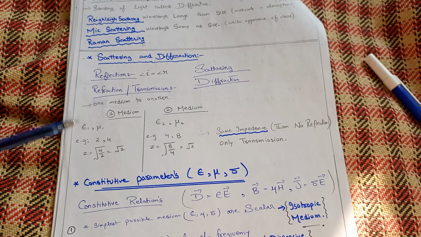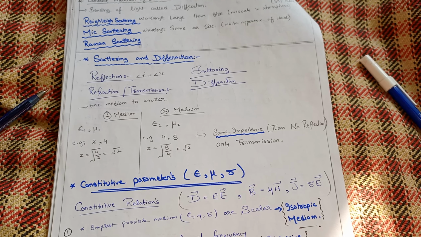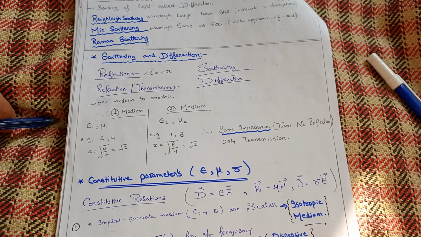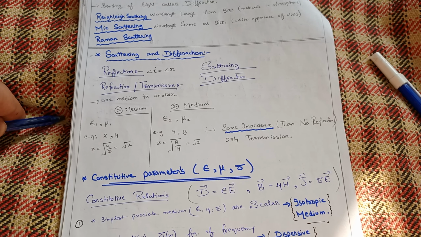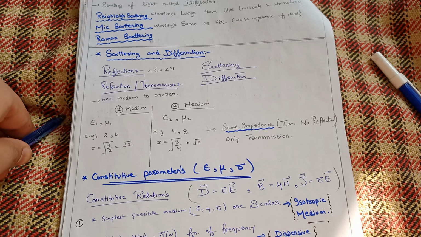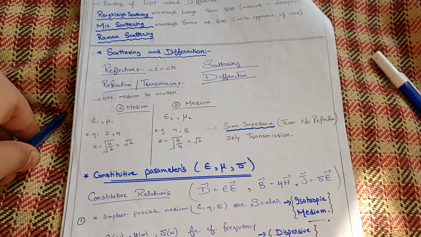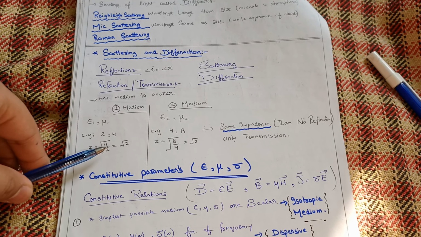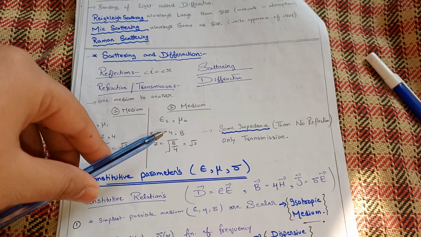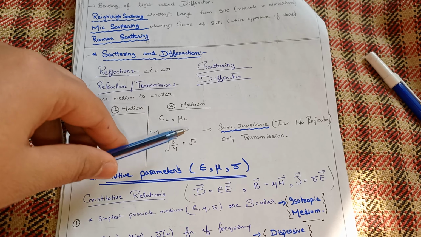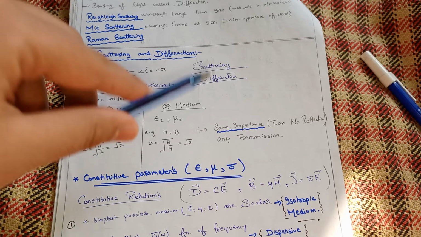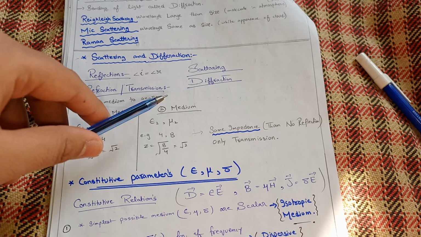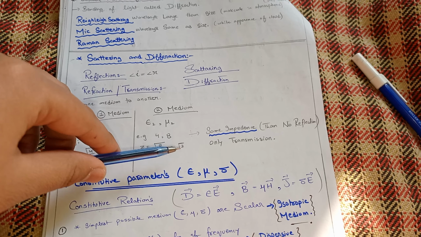So what if you want to find the impedance of medium 1 and medium 2? You know the impedance formula is Z equals the square root of mu over epsilon, that is, square root of mu 1 mu naught over epsilon 1 epsilon naught. So mu 1 is 4 divided by 2, you get root 2. When you solve for medium 2, which has double the values of medium 1, you get the same value, so you can say it is effectively the same medium.